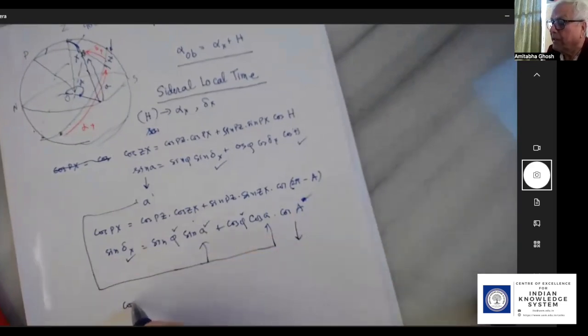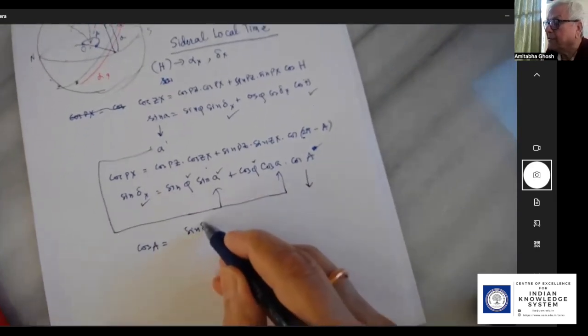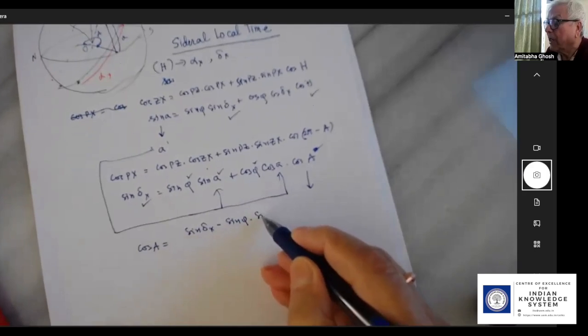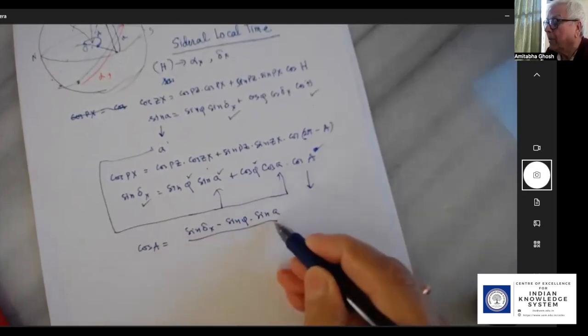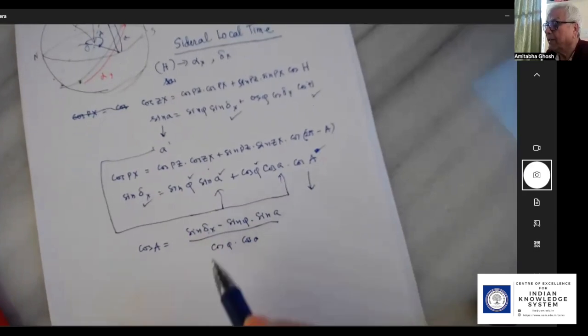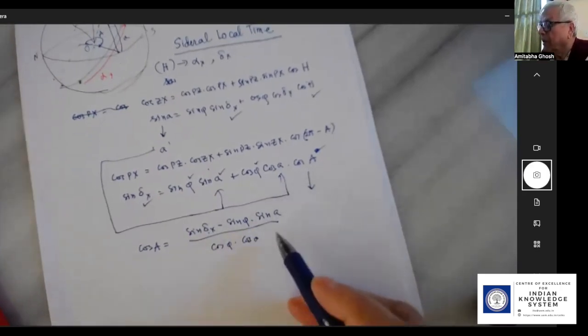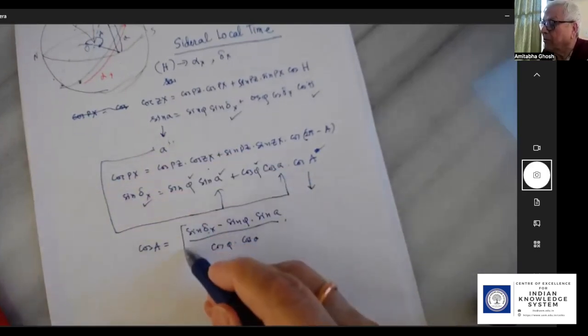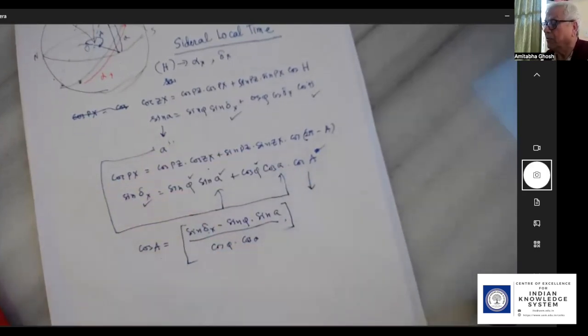So cosine A is equal to sine delta x minus sine phi into sine A, divided by cosine phi into cosine A. Delta x has been given, phi is known, A you have already found out from the previous equation. So this gives you the azimuth.